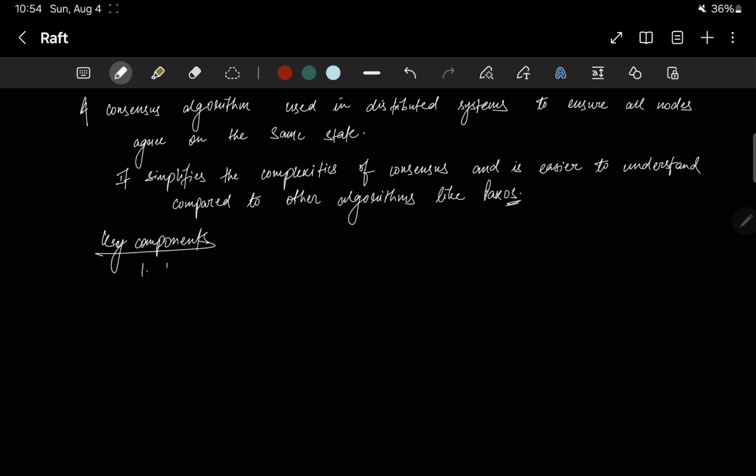So the first key component is leader election. Raft uses a leader follower model where one node serves as the leader. If the leader fails, a new leader is elected through a democratic process involving all nodes. And then there will be log replication.